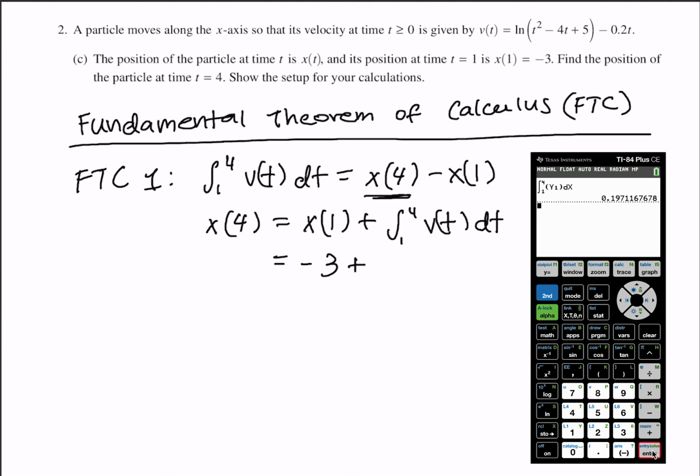And so we get 0.19712 approximately. I'm not going to write out the full number, but we're just going to finish the rest of the calculations on the calculator so that it's the most accurate. So we're going to subtract 3. And then we get about negative 2.803. And so that is the position of the particle at time t equals 4.